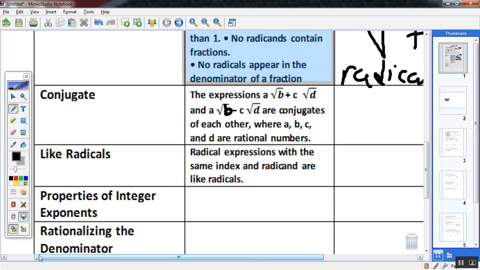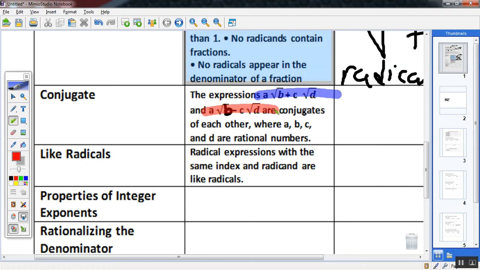This expression and this expression, what's the difference? Everything looks exactly the same, but between the two terms, one is the sum of two terms and one is the difference of two terms. So if I had 3 plus x, what's its conjugate? 3 minus x. If I had cat plus dog, what's its conjugate?